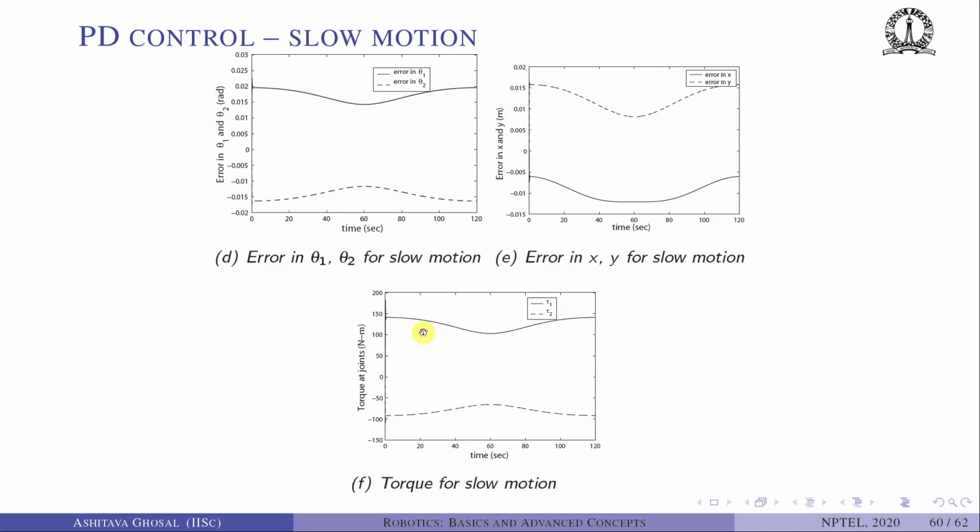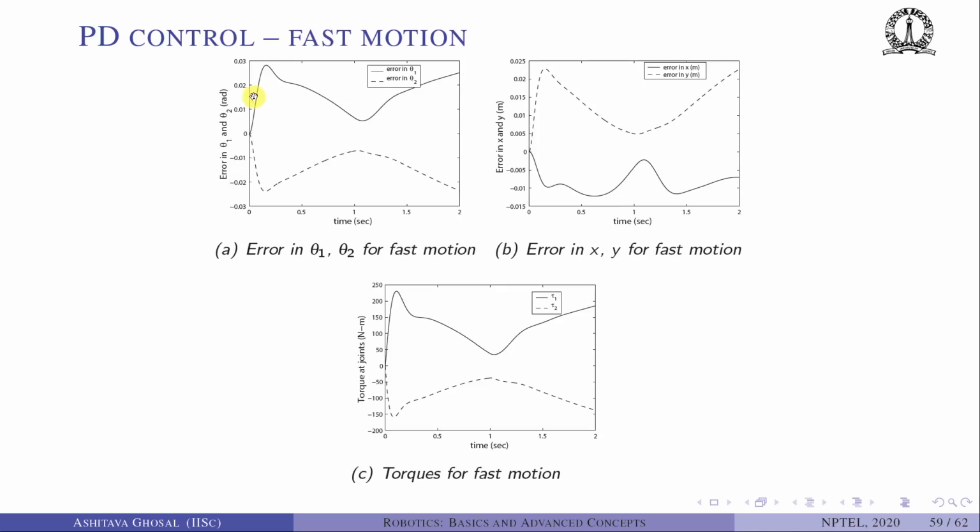Whereas if you look at the slow motion, where you go up in 1 minute and come down in another 1 minute, as opposed to 1 second and 1 second, you can see that the error is smaller. Previously the error was between 0.02 and 0.03 radians, and the error in x was around 0.025.